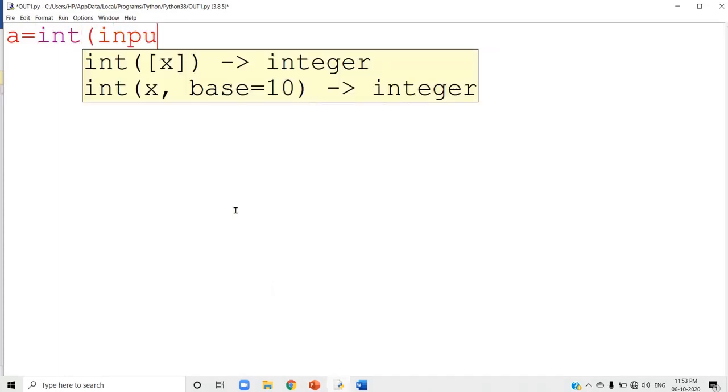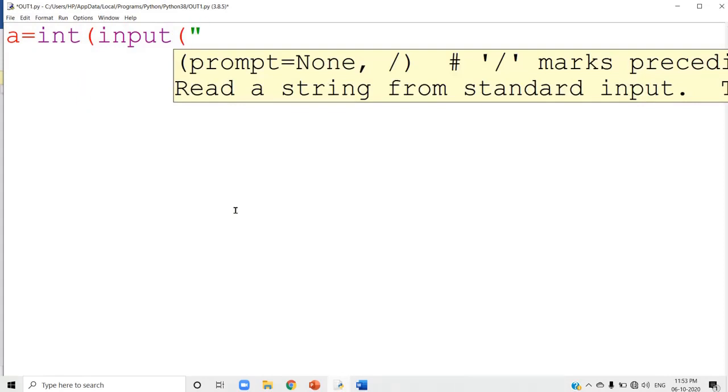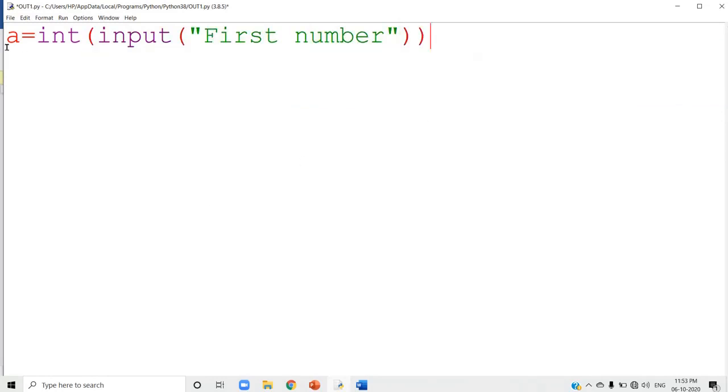We need two numbers. I am going to input the first number. Input first number. Now I am going to input the second number.